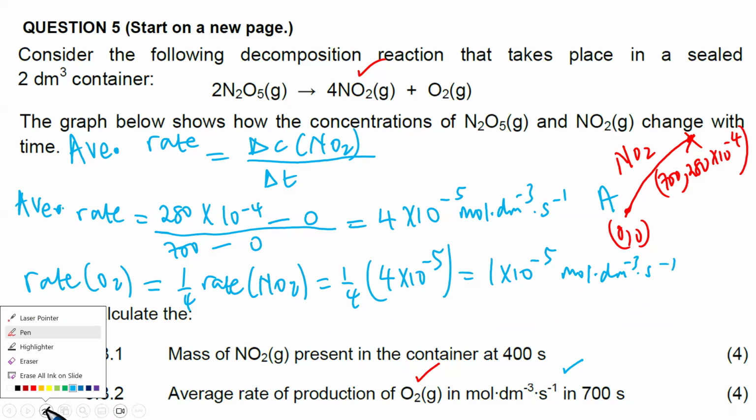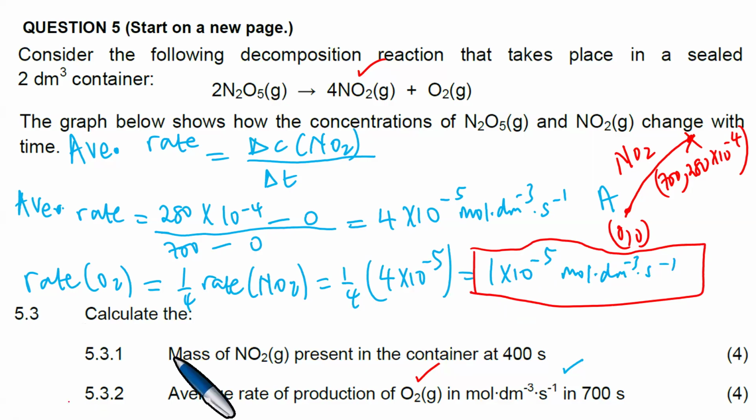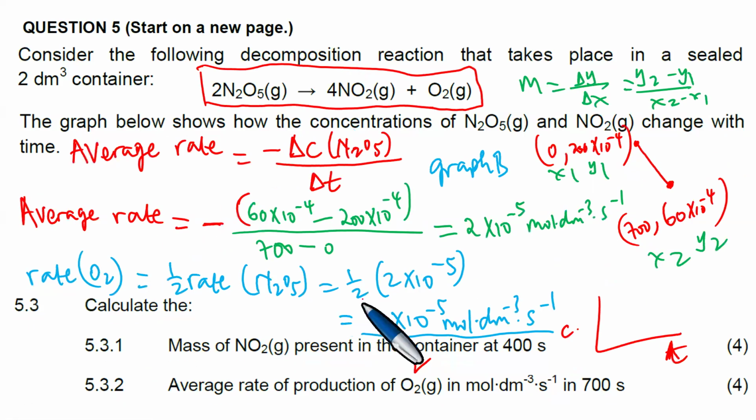And this is the answer, because we wanted the average rate of production of oxygen in moles per cubic decimeter per second, and this is 1 times 10 to the -5. But also here, it is 1 times 10 to the -5. So there it is.